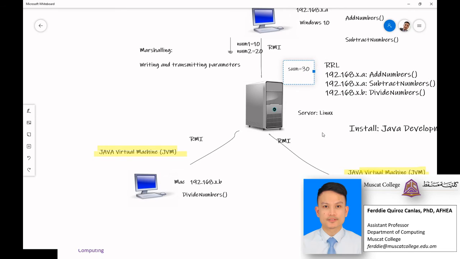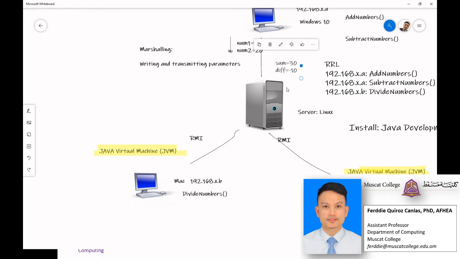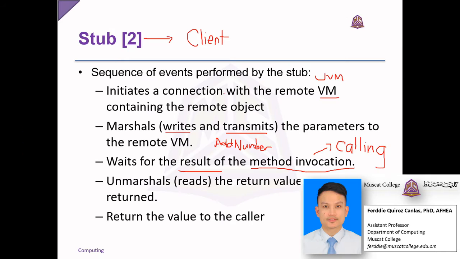Also, it will return the difference equals, tell me please, -10, right? So this will be the response of the server going back to the client. So this is the direction now, and this is the communication.